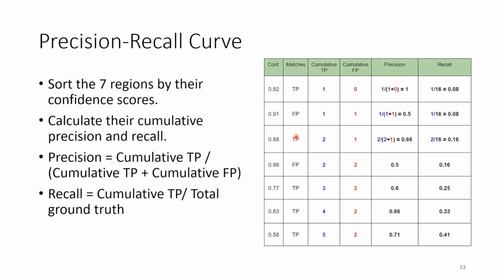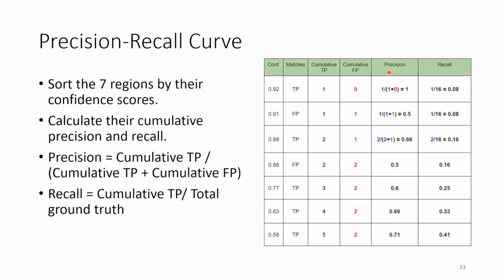Then you can create a table, sorted by confidence score, with a column marking true positive or false positive. Then you can calculate the cumulative true positives and false positives. For the first row, it is 1 because this is a true positive, and the cumulative false positive is 0. Then you can calculate precision and recall.